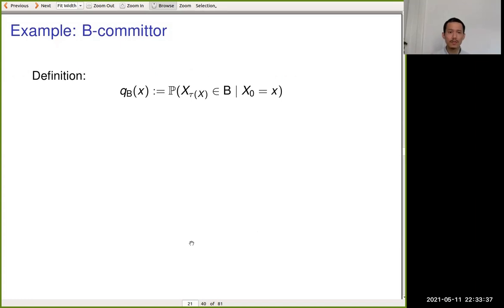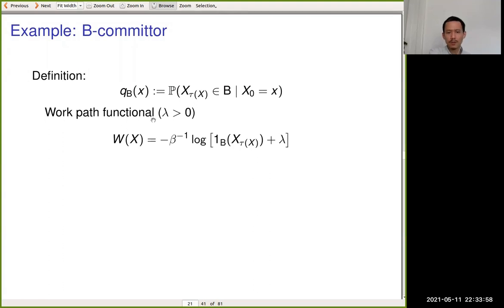Okay, so going back to the example of the B committor that we saw earlier. The B committor, just to recap and to make sure there's less confusion, hopefully, is basically the probability of hitting one set B before hitting another set A, conditional on starting at little x. So here the meaning of tau is slightly different from the previous slide. Sorry about that.